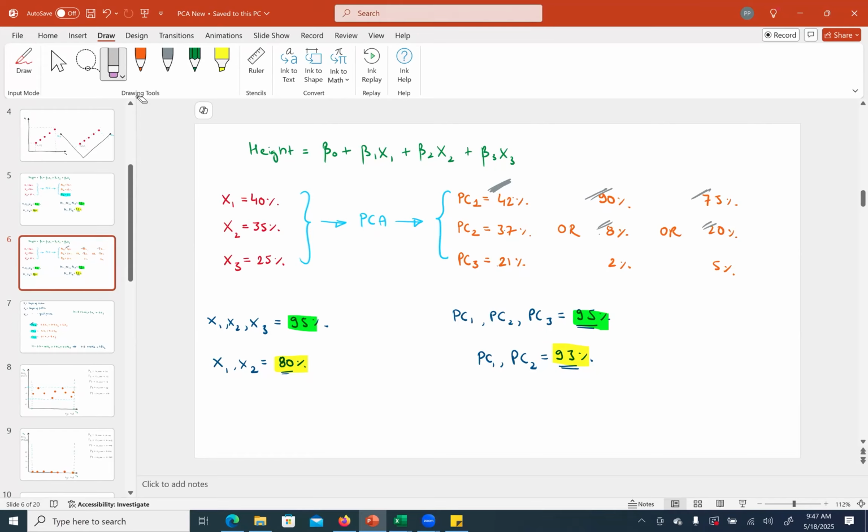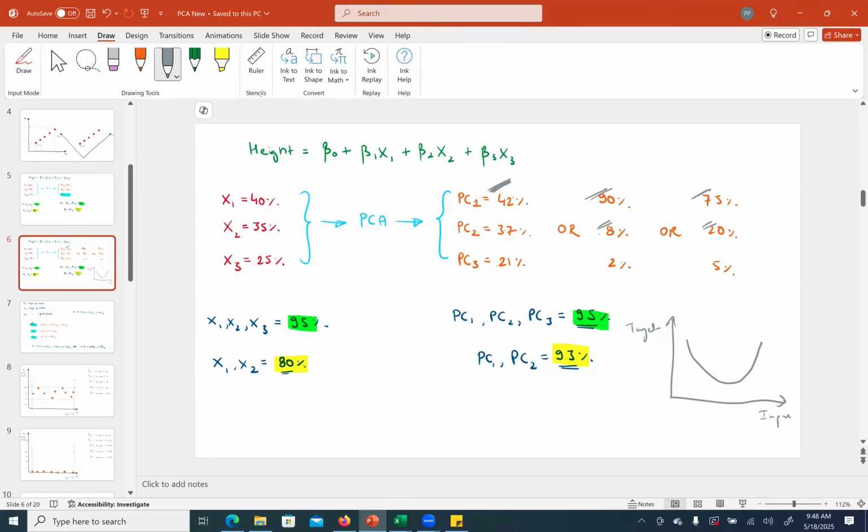Now if the data set is in this way, let's say this is my target and this is my input variable, and the relationship is like this. Using my input variable, can I predict my target?